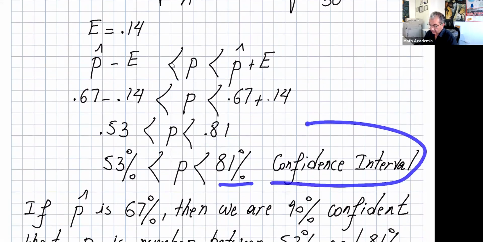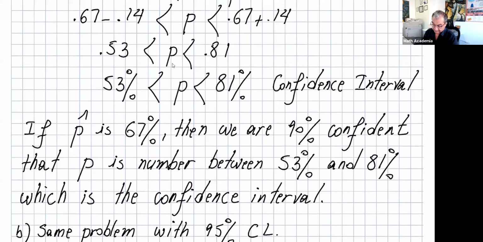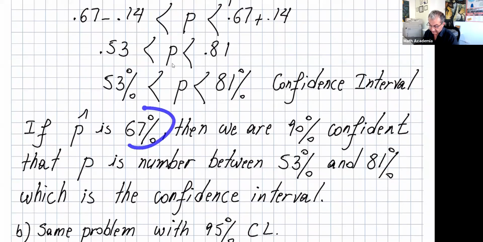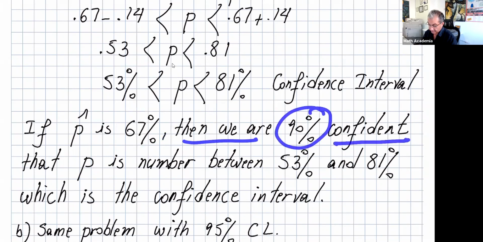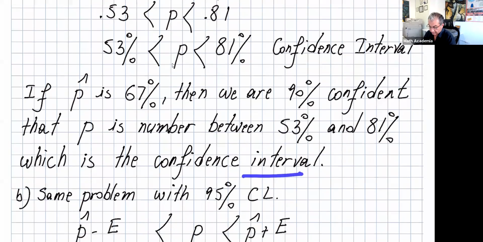This is called the confidence interval. The way you say that: if p hat is 67%, then we are 90% confident that p is a number between 53% and 81%. Don't forget, it's one number between these two numbers, which is the confidence interval.